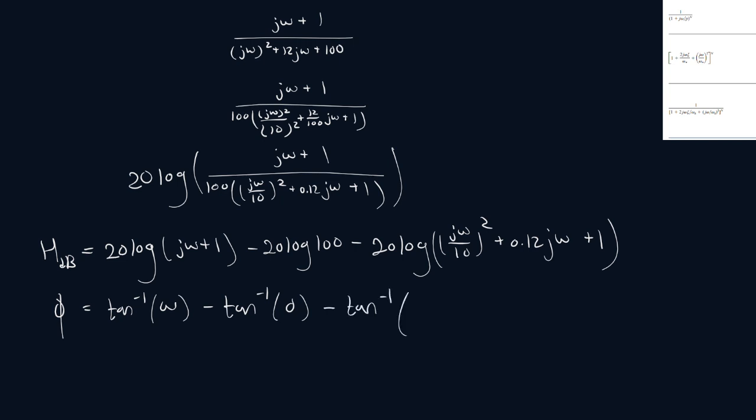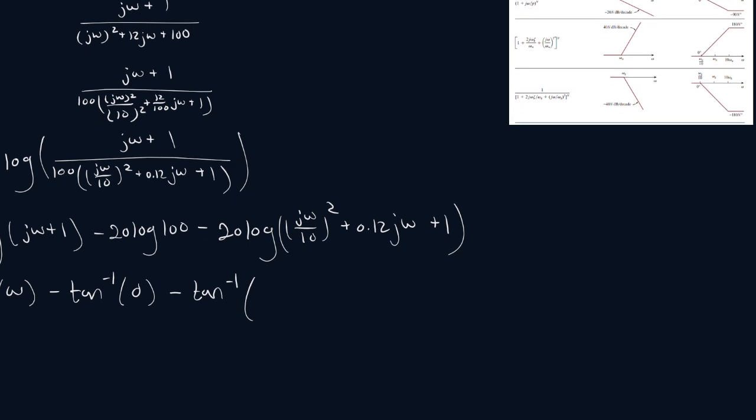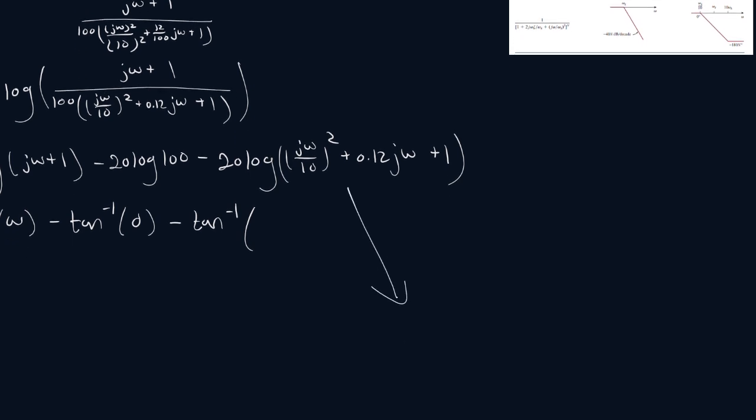This one's going to be tricky. So first, let me bring this here quickly. So jw over 10 squared plus 0.12 jw plus 1. So jw over 10 squared, square everything. So this is just 100, this is just w squared, and this is just minus 1.